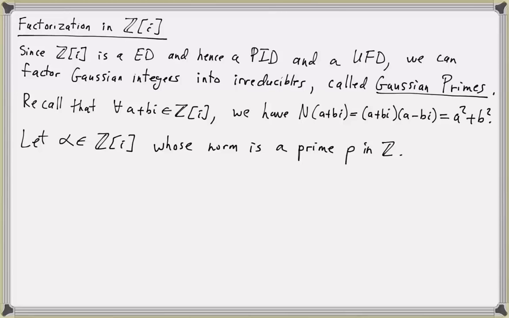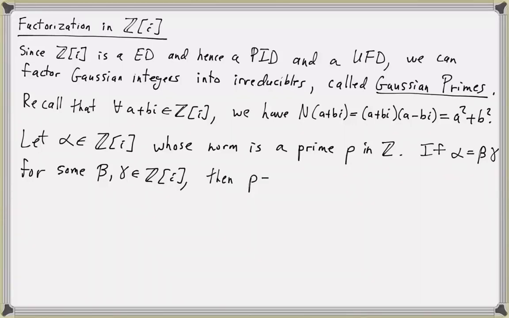So now if I could factor alpha as beta times gamma, then as integers we have P equals the norm of alpha, which equals the norm of beta times the norm of gamma, because the norm is multiplicative.